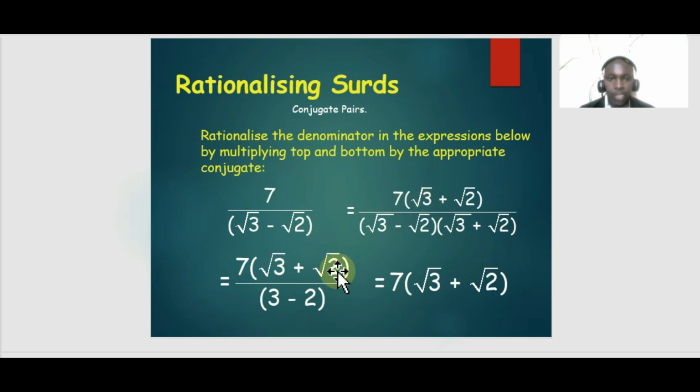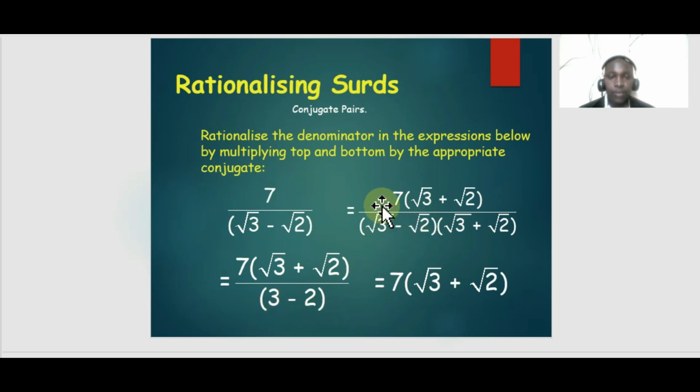So we work it out. The easiest way to do this is to remember that this one is a difference of two squares. So you have root of 3 squared, which will give us 3, minus root of 2 squared, which will give us 2. So the denominator will be 3 minus 2.